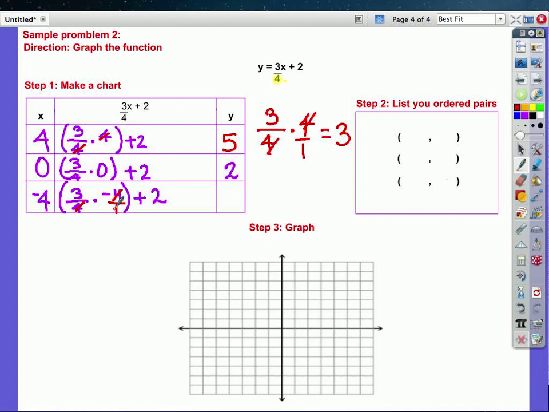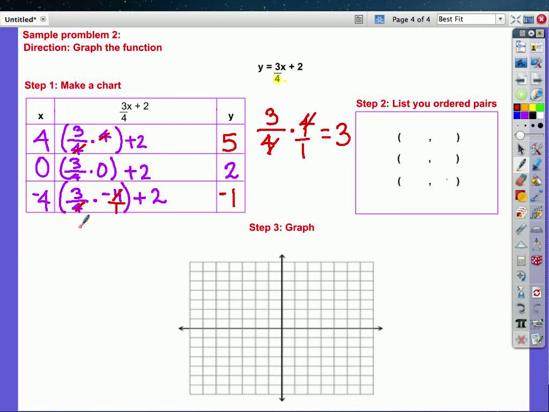That will give us a negative 3. Negative 3 plus 2, we have unlike terms, a negative and a positive, so we will subtract. 3 minus 2 will give us 1. And that will be a negative 1 because our 3 was negative.